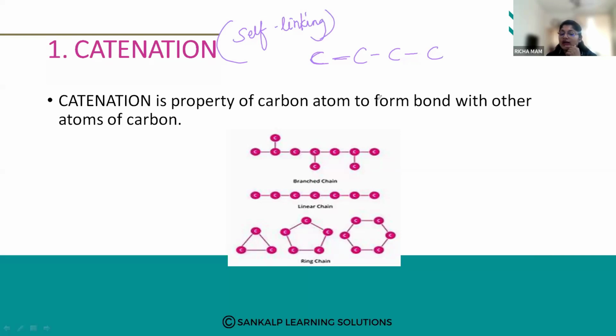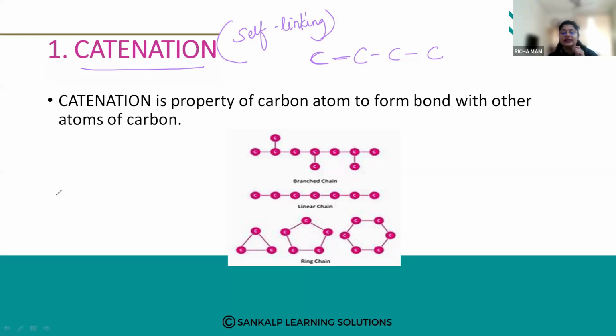So this property of carbon atoms to form bonds with other carbon atoms is called catenation. Very important, please note it down. Self-linking property of carbon is called catenation.